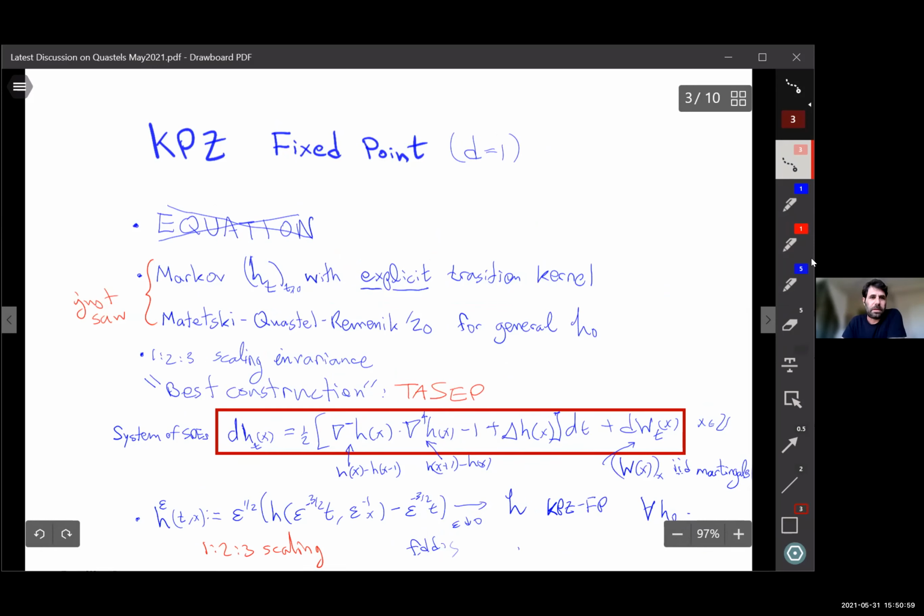This is resolved by Matetski, Quastel, and Remenik, for quite general initial conditions. And here we have the 1, 2, 3 scaling invariance. And as Jeremy explained, the best construction is probably the TASEP, because you can actually compute things.